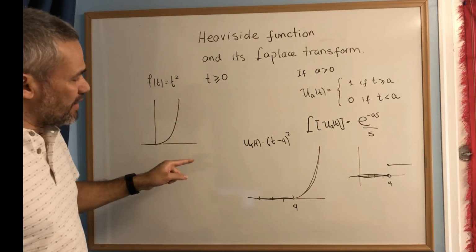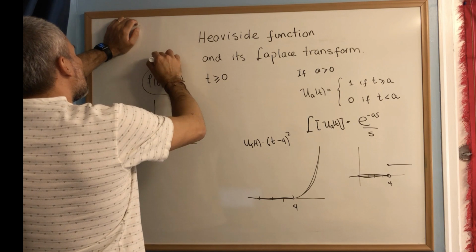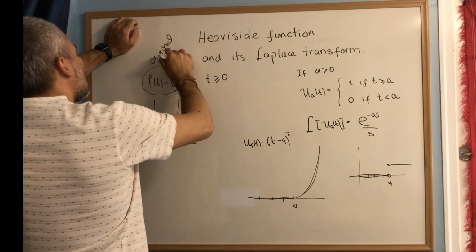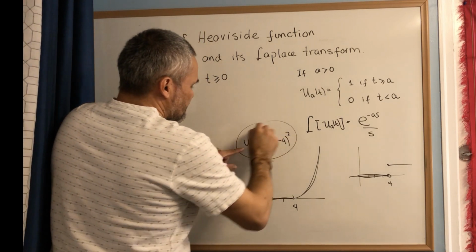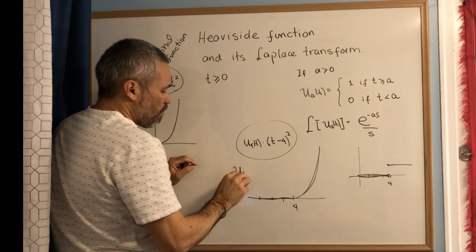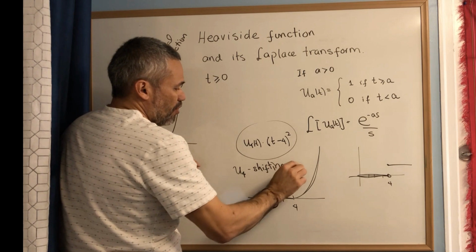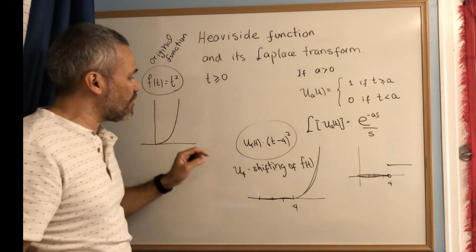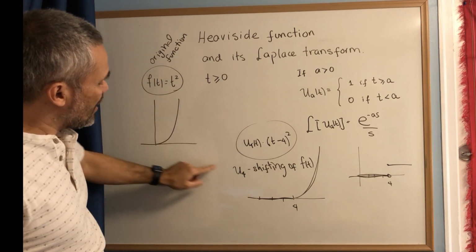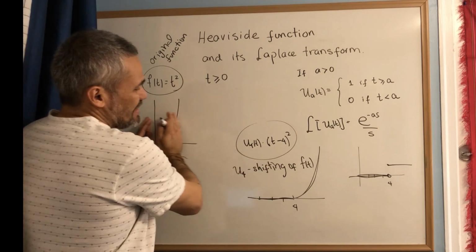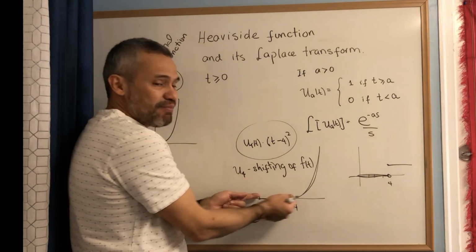In general, we're going to call this the original function, and in this case, where a is 4, the u4 shifting of f of t. The relation is this: you have a function that starts at 0, and when you do the u_a shifting, you are translating that function so that it starts at a, but before a, it becomes 0.